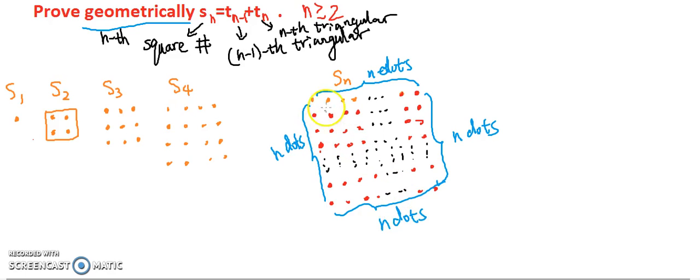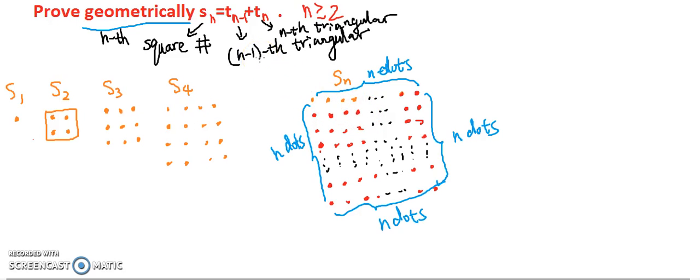Okay, let's try to divide the shape. So this is S_n, the geometric shape, and I'm going to show that this shape, this square, can be divided into 2 triangular numbers. And how do we divide them? If you have trouble looking at this directly, we can start with the first few square numbers, so we have a better understanding of the problem, and maybe we can find the answer for the general case.